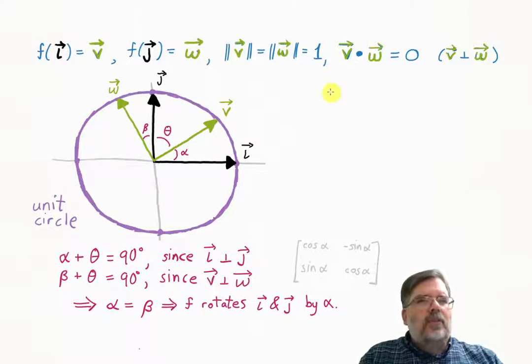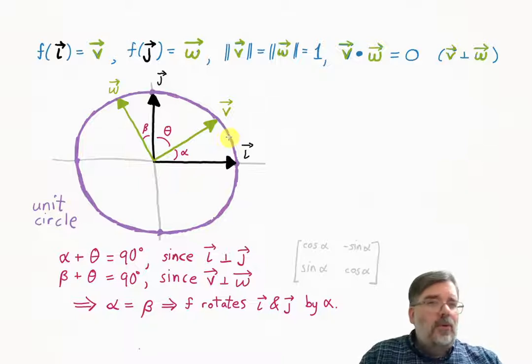Now, where do those vectors lie in this diagram? Well, if v and w have length 1, that means the endpoint of v and the endpoint of w also must lie on this circle. So wherever they are, their endpoints are going to be aligned with this circle. In general, maybe v points here, maybe w points down here, or over here, maybe v's here and w's over there, who knows?